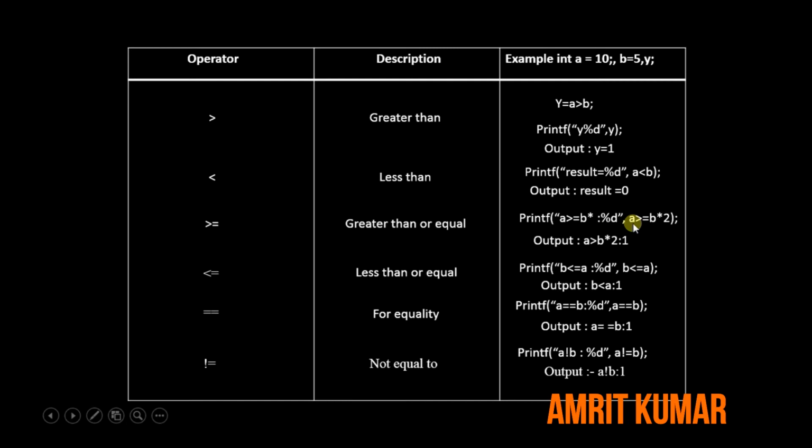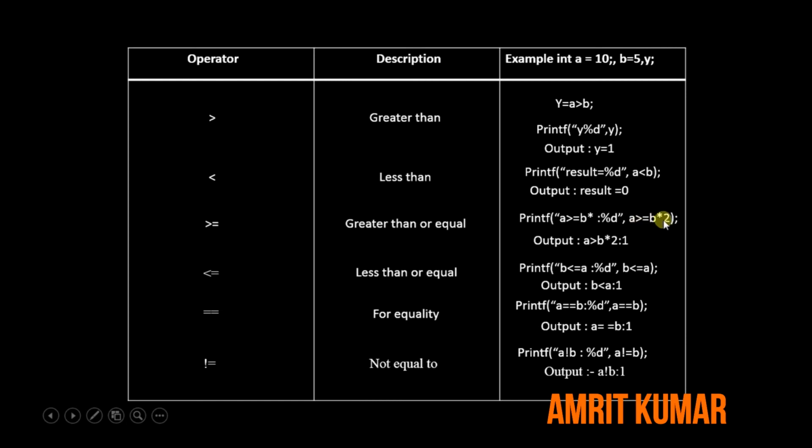What it means is that A is greater than or maybe equal to B asterisk 2. When I multiply 5 into 2, that is going to be 10. Therefore this statement is correct.